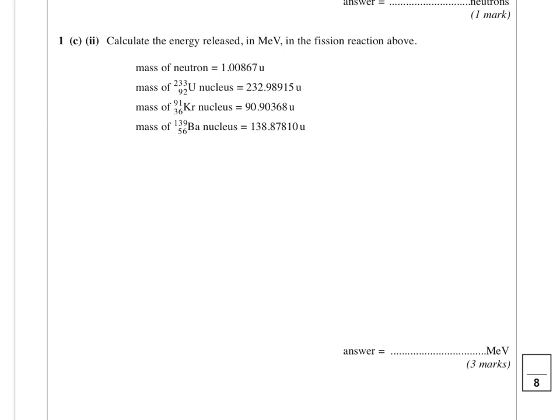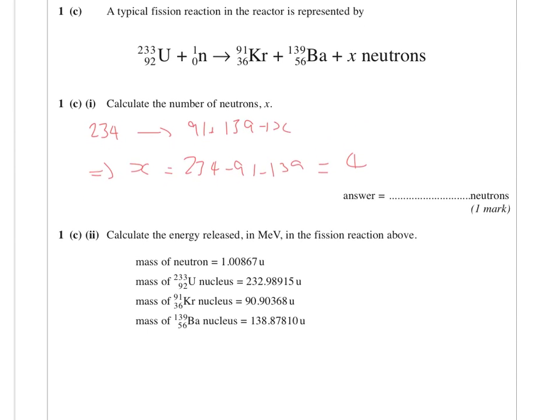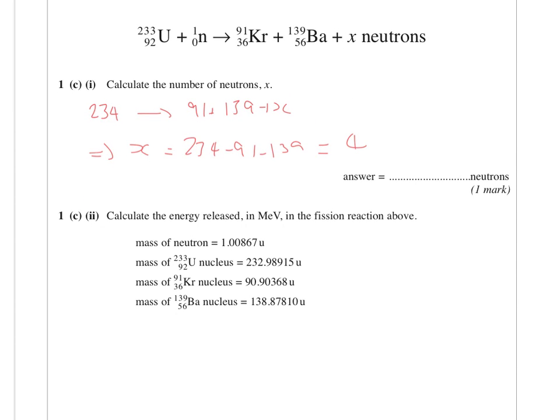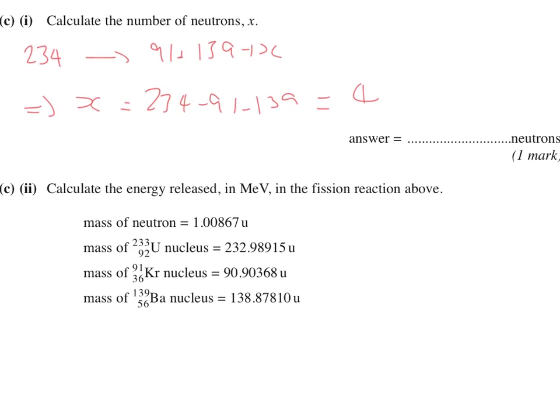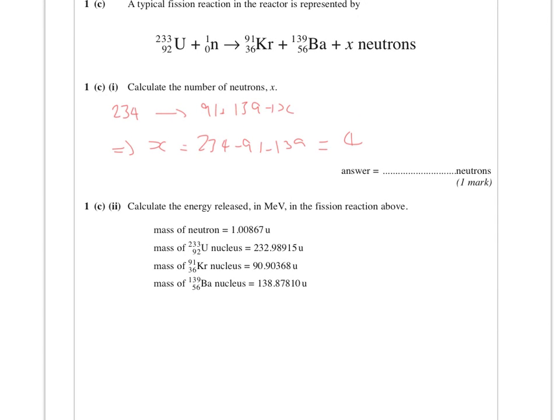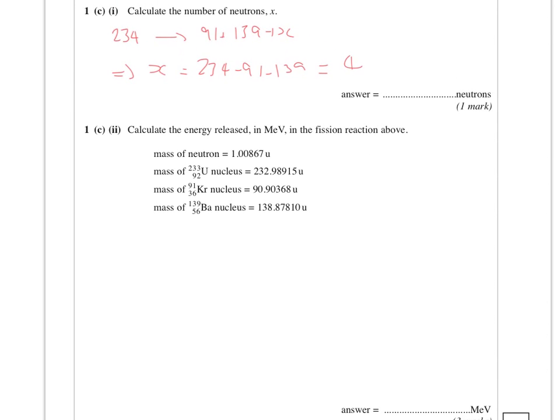Calculate the energy released in mega electron volts in the fission reaction above. Okay, so essentially what we need to do is work out the change in binding energy. I just had a look at the mark scheme for this question, and frankly the answer is total and utter rubbish, because they get you to add together the masses on each side and work out the difference in mass.